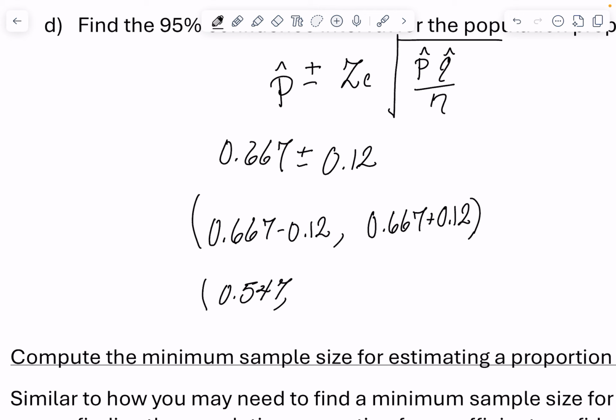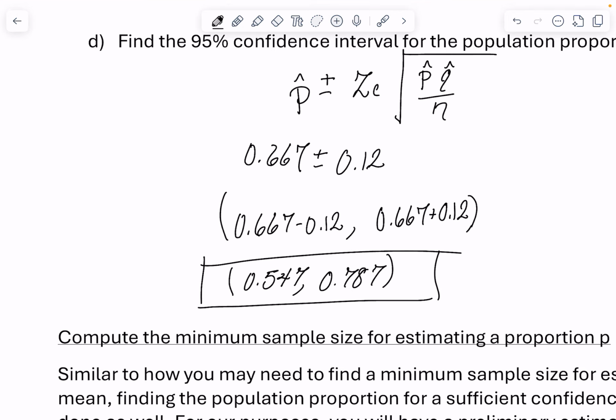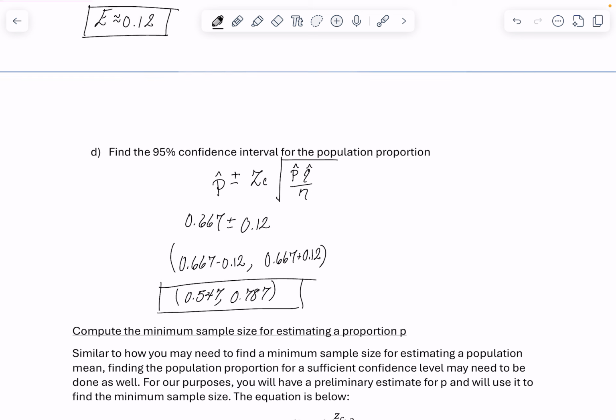And plugging those numbers into our calculator, we are going to get a confidence interval that looks like so. Okay, and that concludes our example for finding the confidence interval for a population proportion given a sample proportion.